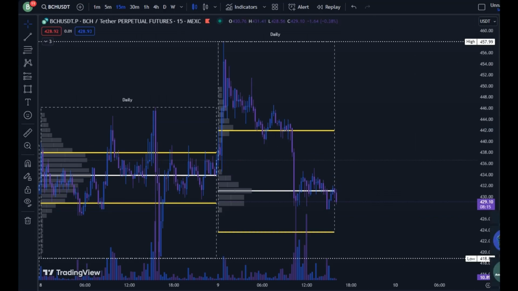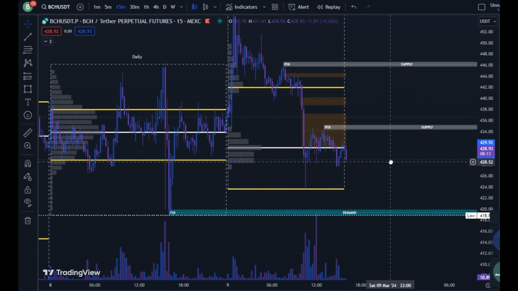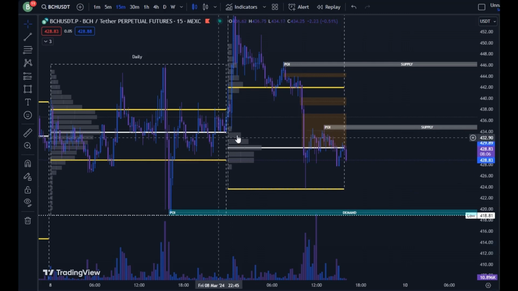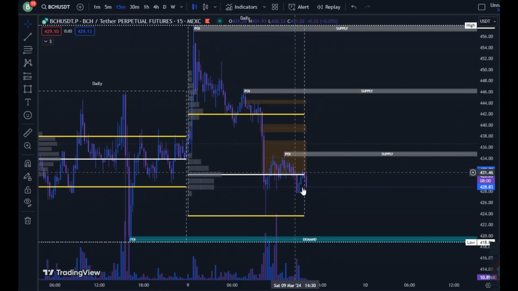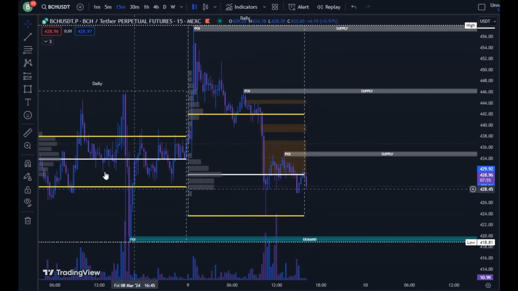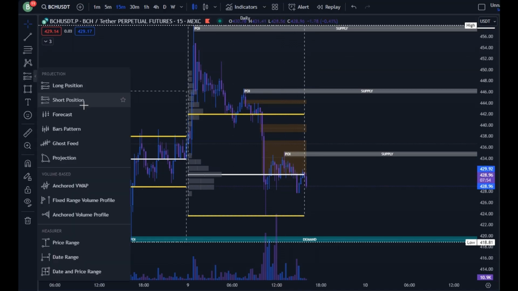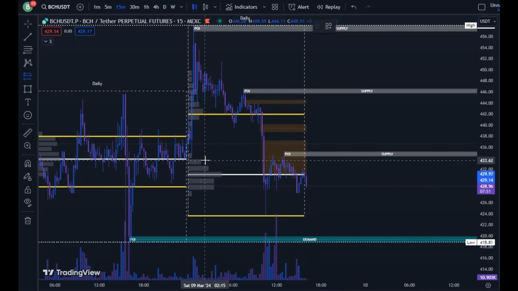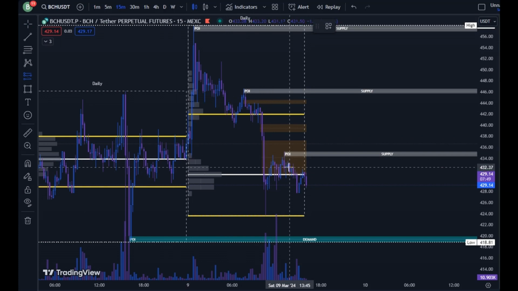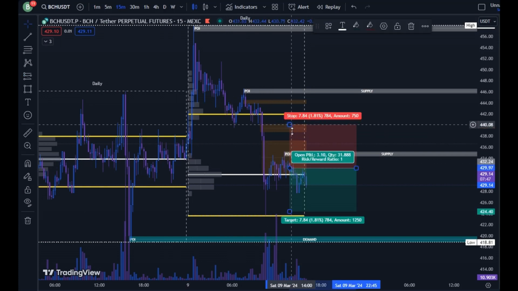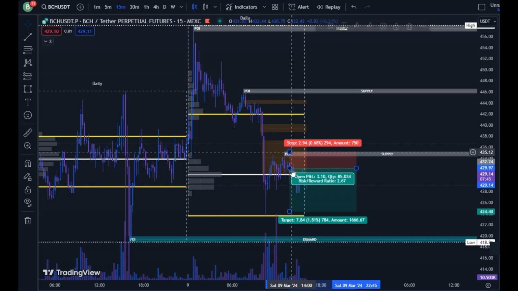Any others? Bitcoin Cash. Point of control's there. Volume. Rejection. And a 1 to 2. So a look. Point of control. Rejection. Stop there.